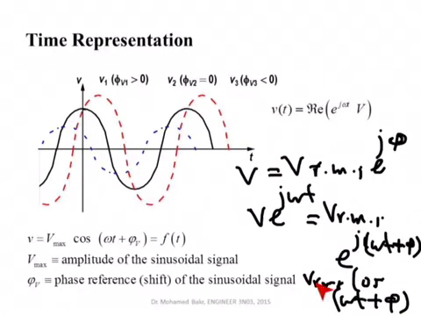Okay, so now let's see how we're going to get the phasor of this time domain quantity. The quantity that we have is 5 sine(200t plus pi over 4). If I make it a cosine, I have to subtract from the angle pi over 2. So this becomes minus pi over 4.